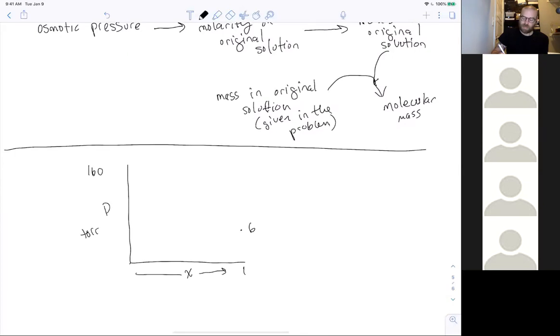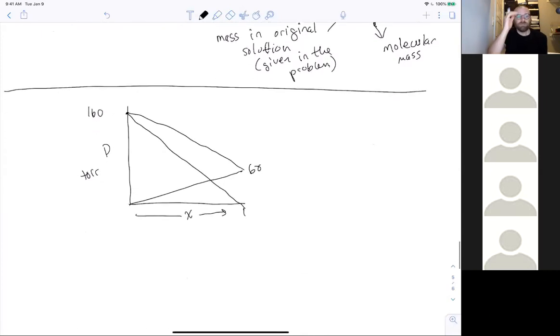I don't think I'll be able to accurately reproduce those, but all right. So what's going on in here? Substances A and B are mildly volatile solvents. Using the diagram below, determine the mole fraction of B when the vapor pressure of the mixture is 80 torr.